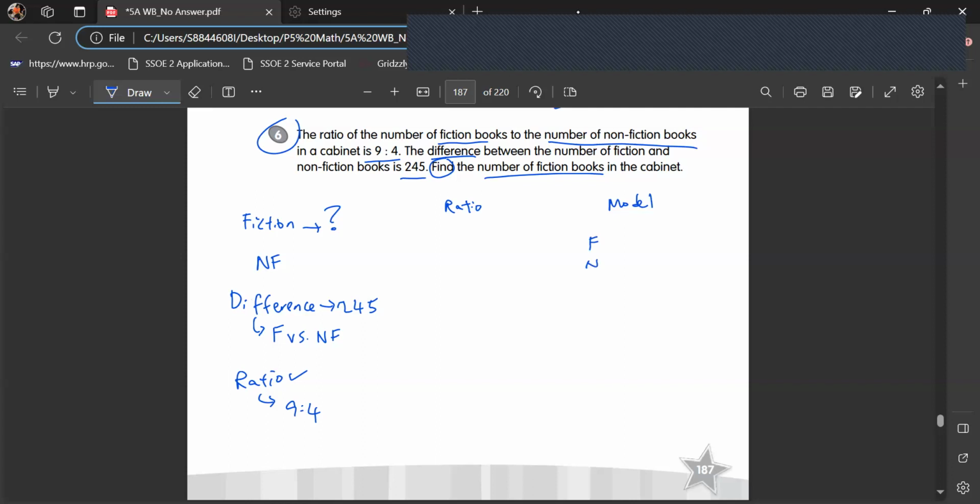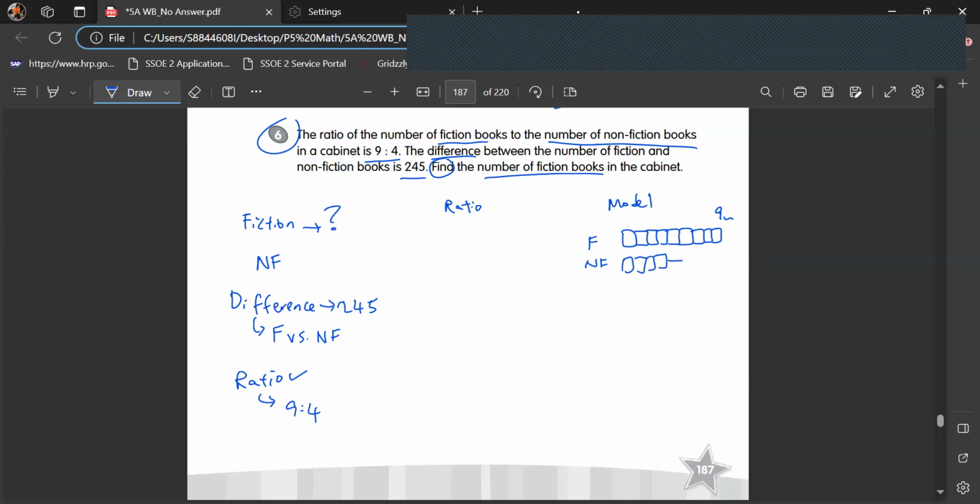You need to first be able to pinpoint which one is the small one. So this has 9 units: 1, 2, 3, 4, 5, 6, 7, 8, 9. And then non-fiction is 4 units.